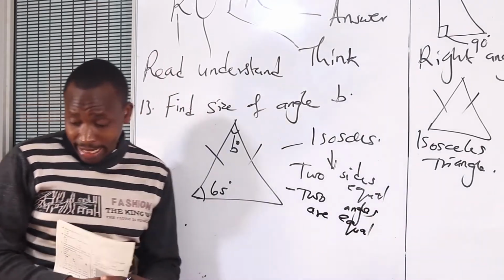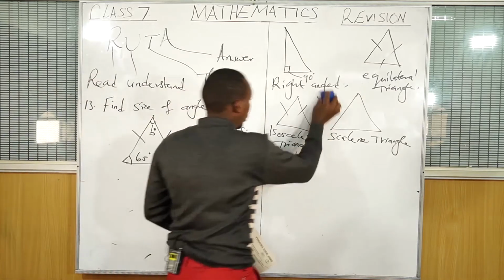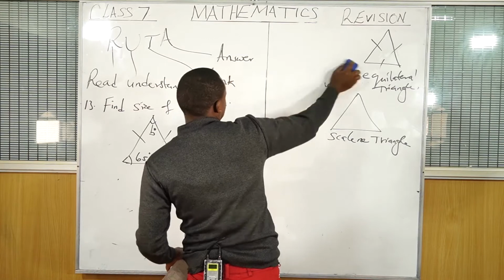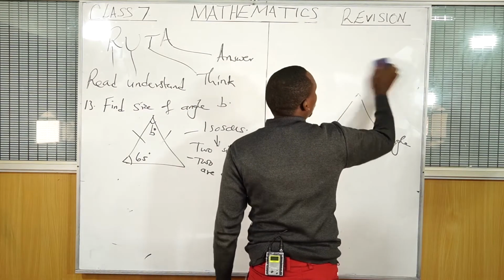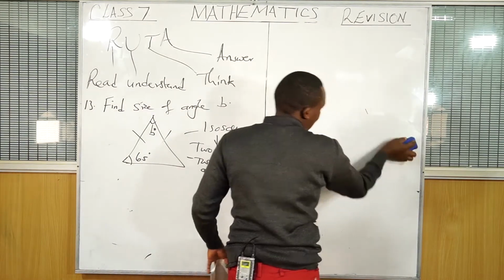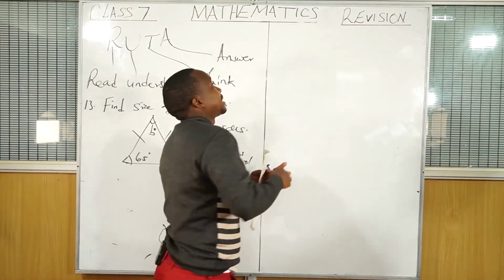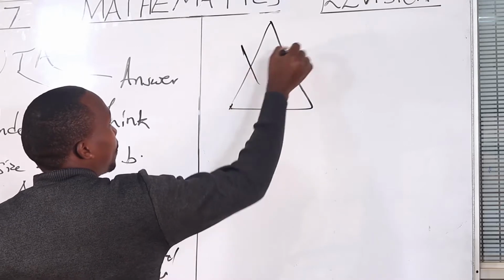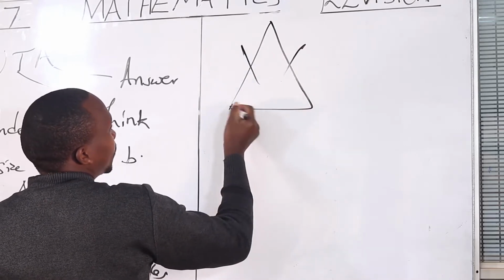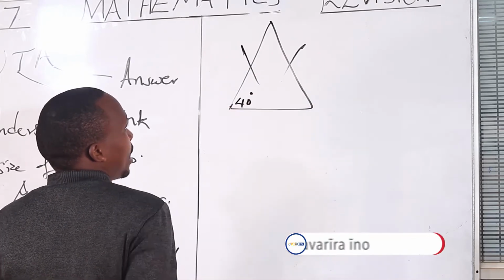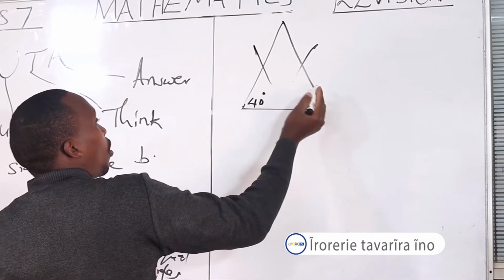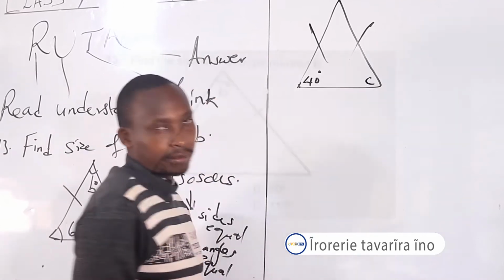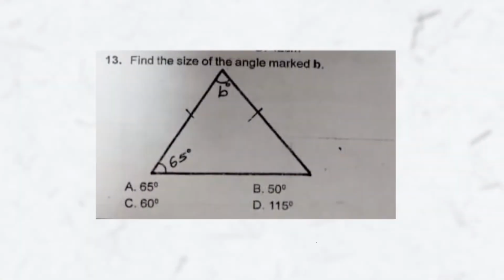Now, using that class, I'd like us to go strictly to our formula again. That is thinking. What are you supposed to do so that you can get your answer? Okay, now, I'll start with this example. Here, we have 40 degrees. Somebody asks you, what do we have here at C?